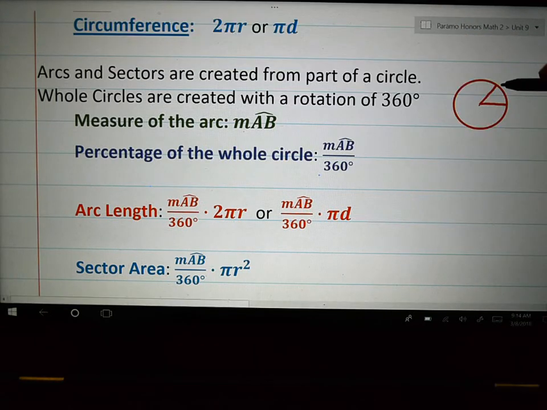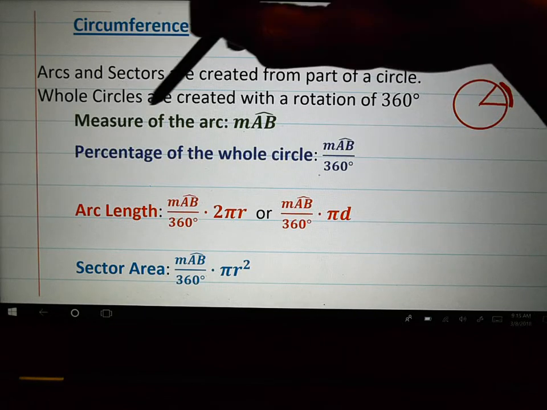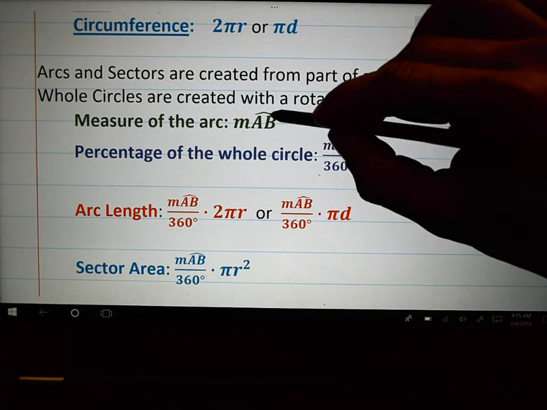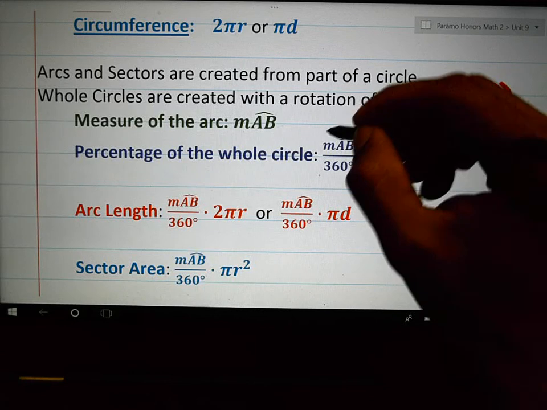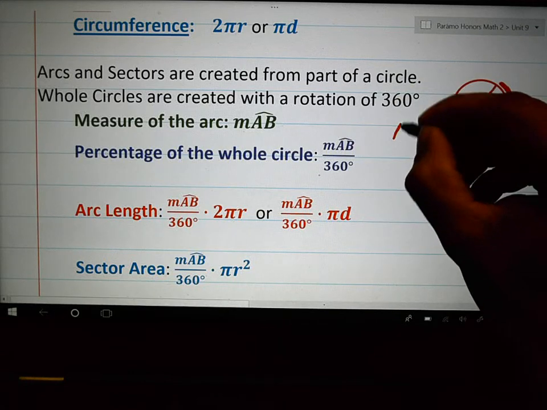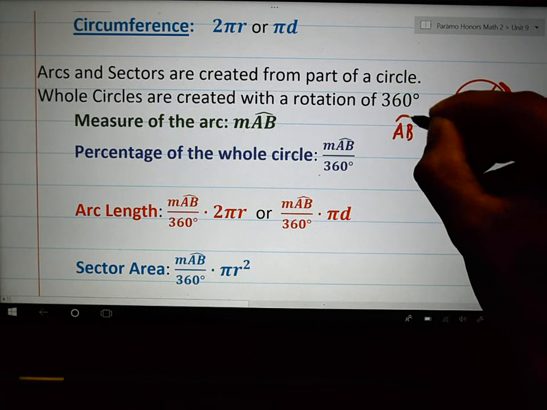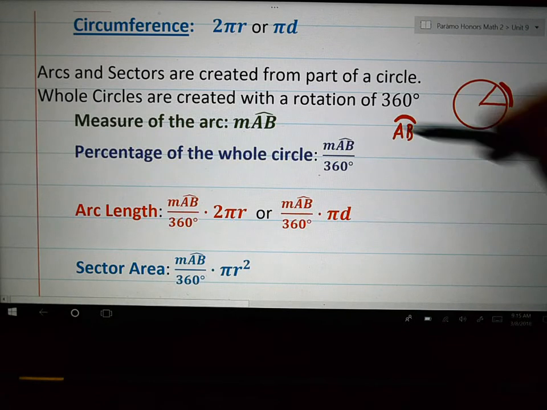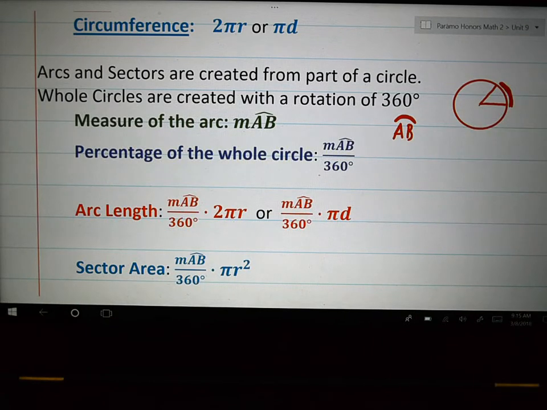That's important for you to know. Arcs, we're talking about this distance. This is an arc length. That's an arc length right there. The measure of the arc has this little symbol over the AB. When you write it, AB, you just put a little arc over the top of it. It kind of looks pointy, but it's supposed to be just an arc as you go over the AB.